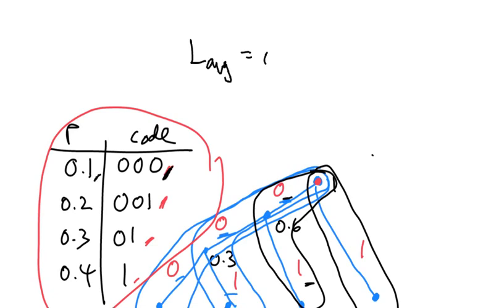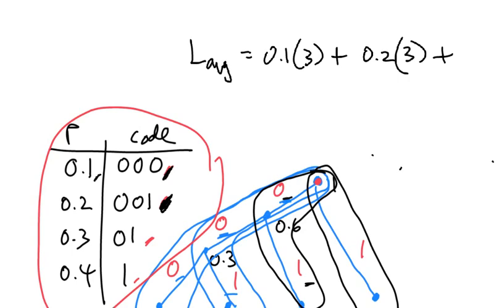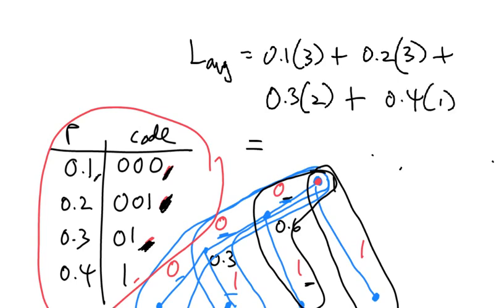For this part here, the length is 3, so 0.2, the probability, times the length 3. We continue, and the length is 2, the probability is 0.3, so we have here 0.3 times 2, and finally 0.4 times 1. And summing it up, you think we'll get 0.3, 0.6, 1.2, 1.5, 1.9. Am I correct?